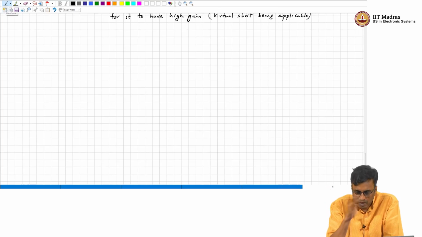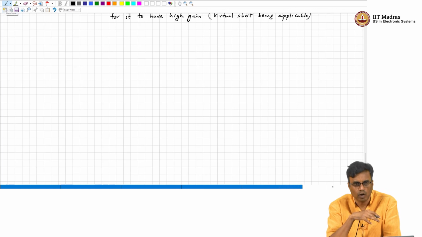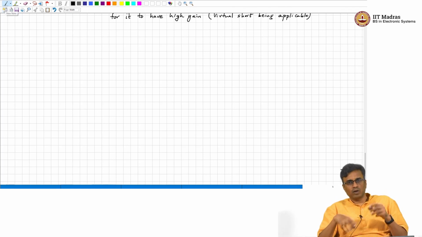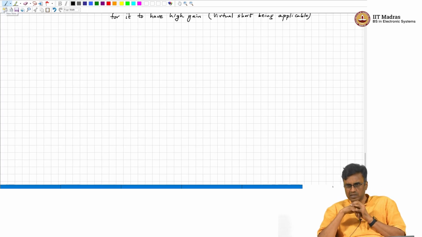Turning this observation upside down, let's say you have a circuit and you find that the two input terminals of the op amp are at the same potential. What can you conclude?